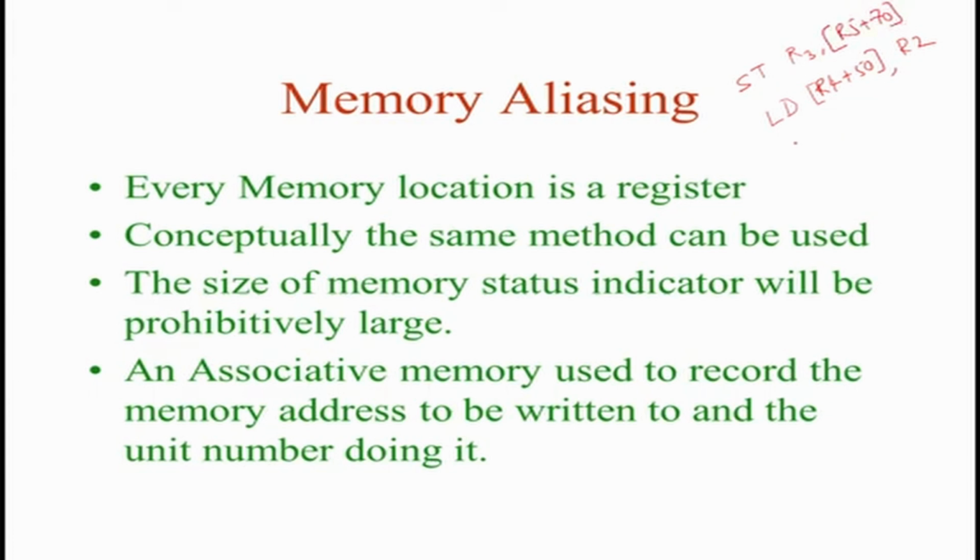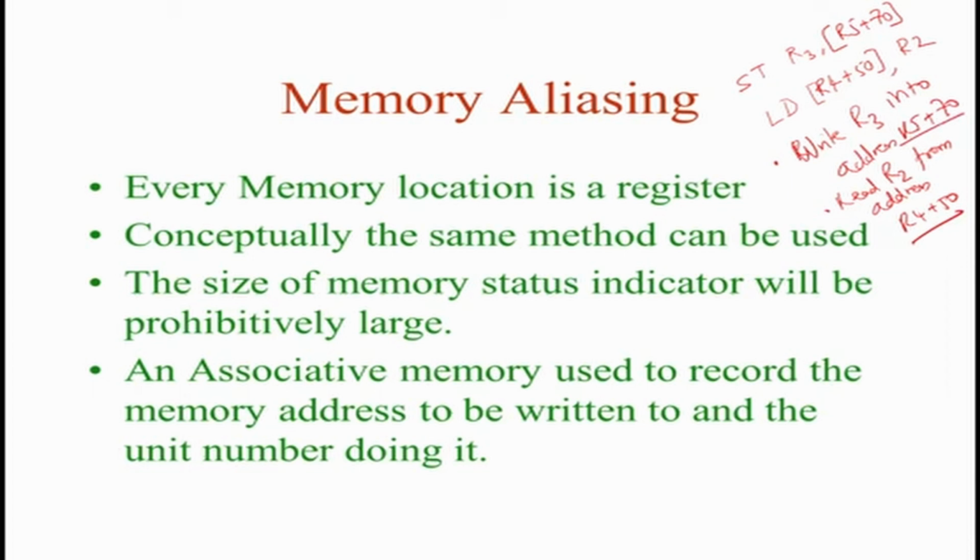That means this is write R3 into address R5 plus 70, read R2 from address R4 plus 50.